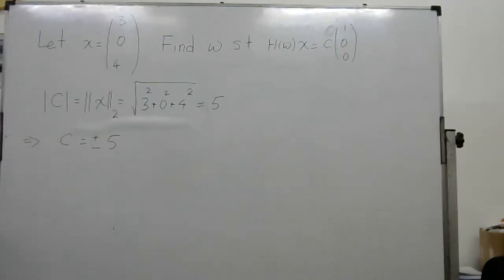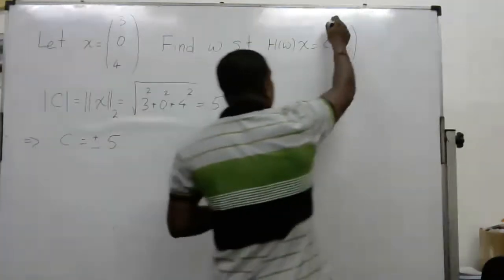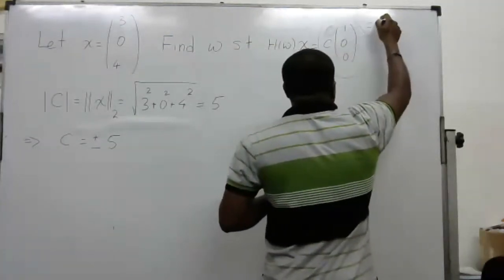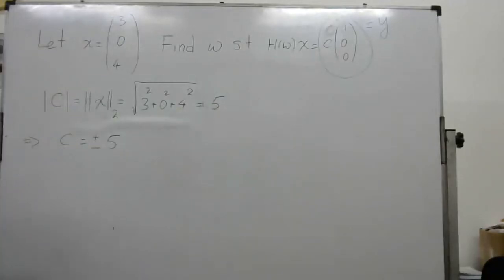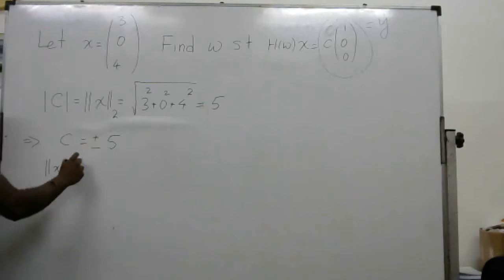Now, if you want to find whether to pick plus c or minus c, you have to make sure that the norm of x minus y is maximized. So this should be your y. If that is your y, then you have to find the 2 norm of x minus y.